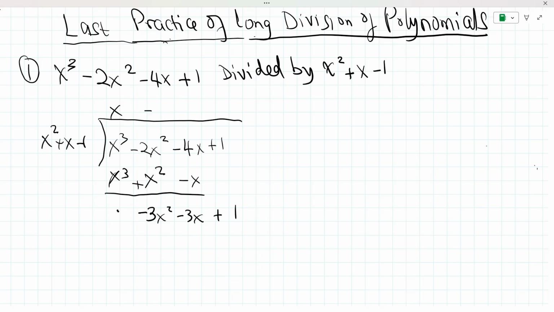This should be minus 3, because minus 3 times x squared will give us minus 3x squared. And then minus 3 times x will give us minus 3x, and minus 3 times negative 1 gives us plus 3, and that should be written here.